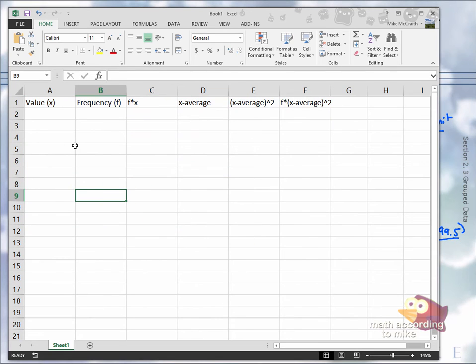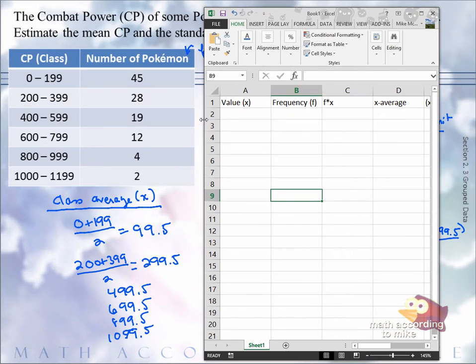I'm going to keep the headings there because we're going to need that for later. But our values, these are our class averages. I'm going to type those in. And the frequency is the next column. Okay.